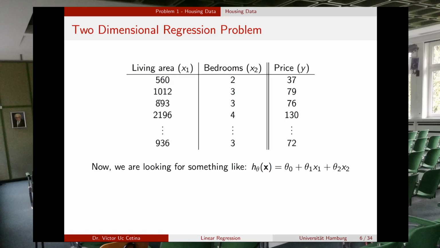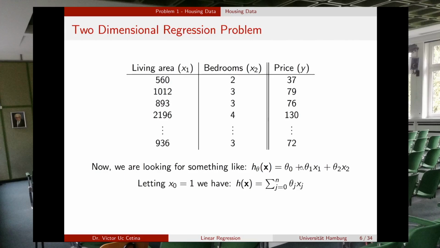And as you can see, we can keep adding more and more input variables here, and this will give us more information to predict better, in this case, the price of the houses.